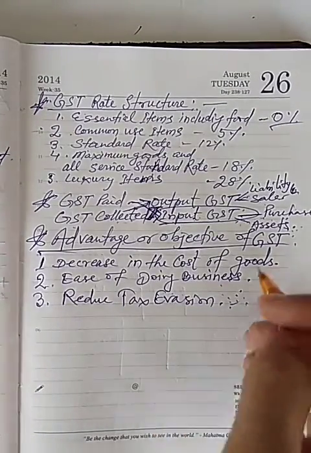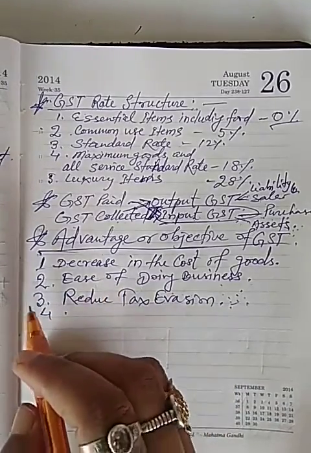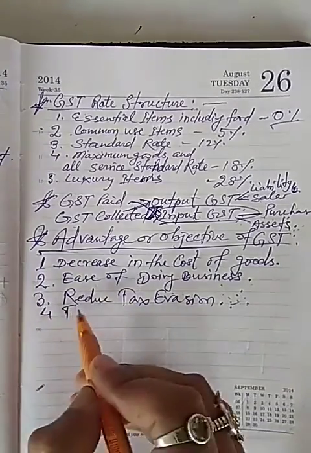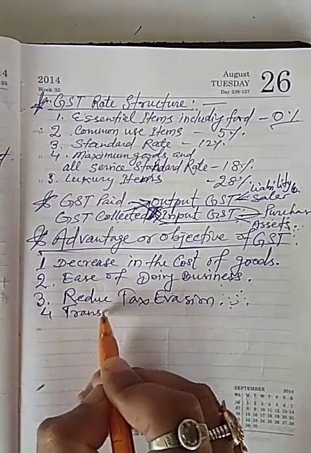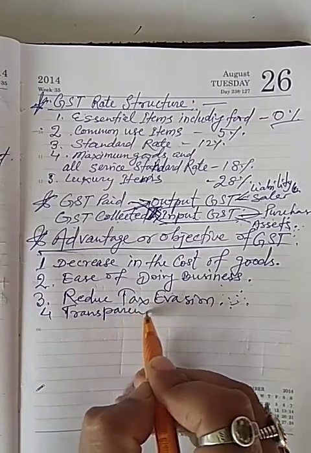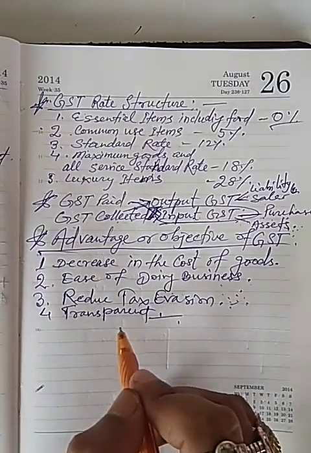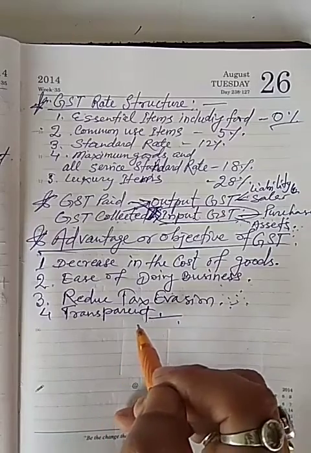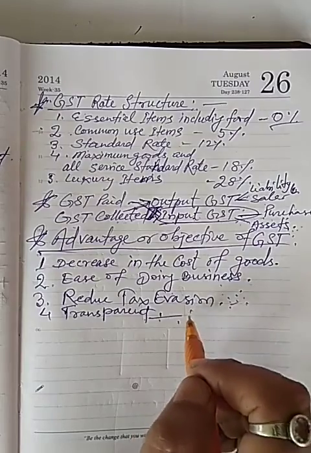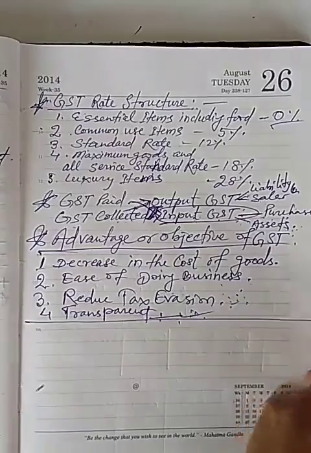Now, fourth may be transparency. The tax system becomes more transparent, regular and predictable. So these are the advantages of GST.